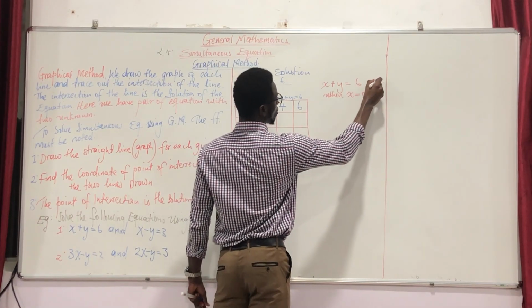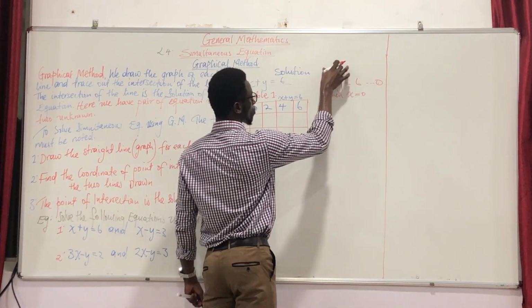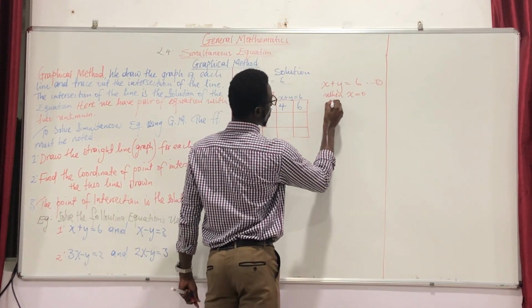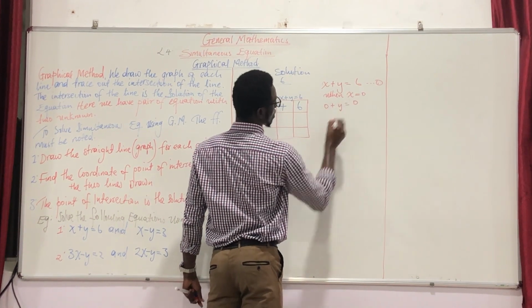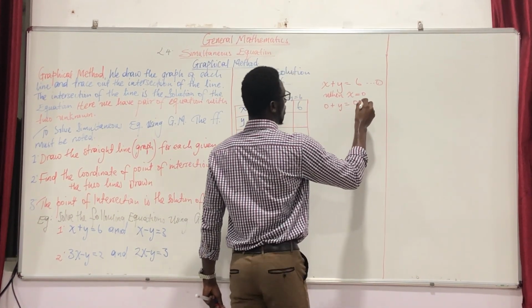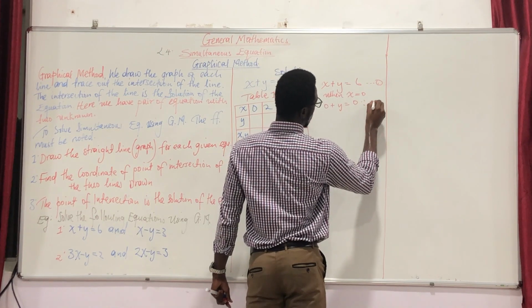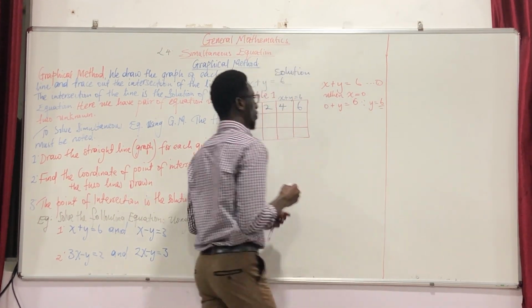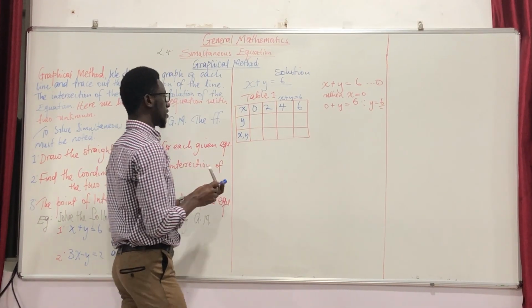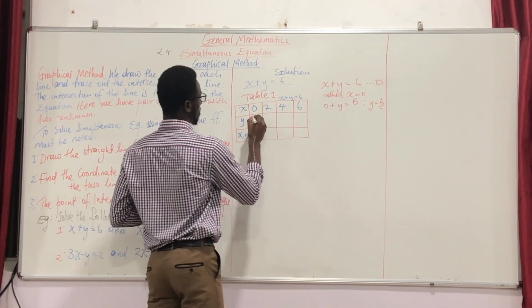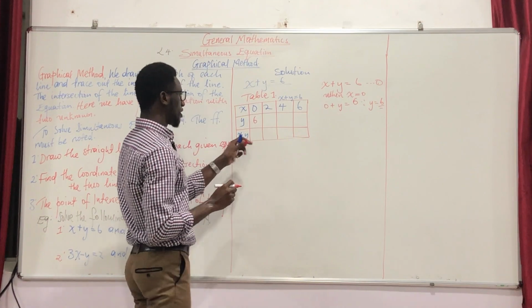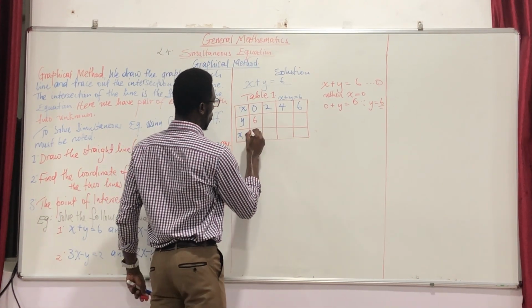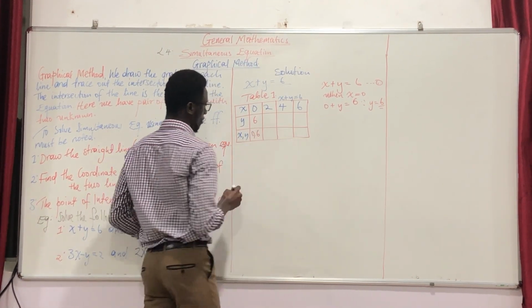This is our first equation. So 0 plus y equals 6. Therefore, our y is 6. So our coordinates here will be 0, 6.